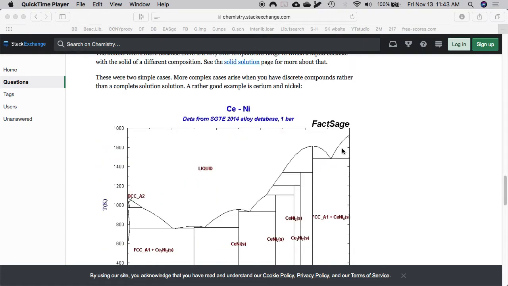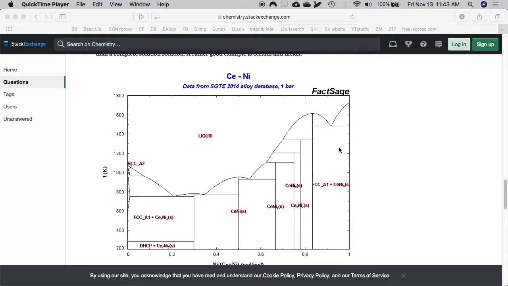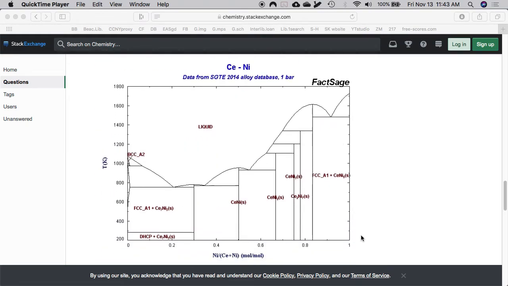And then there are other cases where we put more than one thing together, and there's a whole bunch of intermediate compounds that can form at different compositions. We saw a miniature version of this, but you can see it can get quite complicated, where there's all sorts of topography on the liquidus here, because there are intermediate stages.